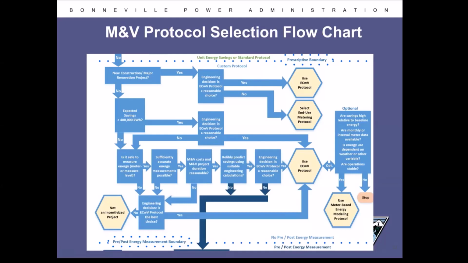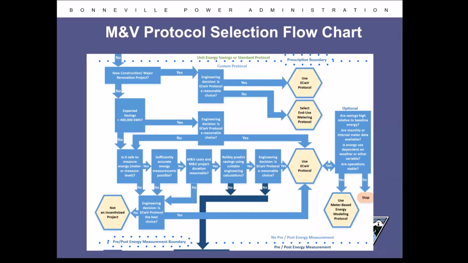And if that is reasonable, the energy calculations with verifications protocol, the simulation for new construction section of that protocol, would be where you would be directed. If it is not appropriate to do that kind of approach, then this takes you to the end use metering protocol. And so that's for new construction.